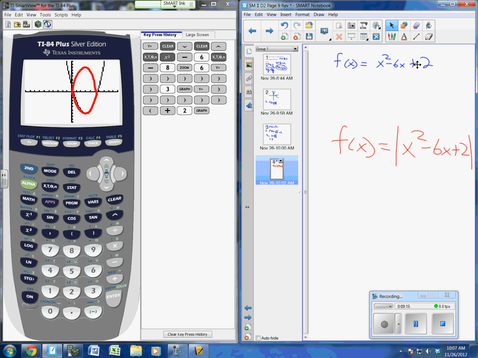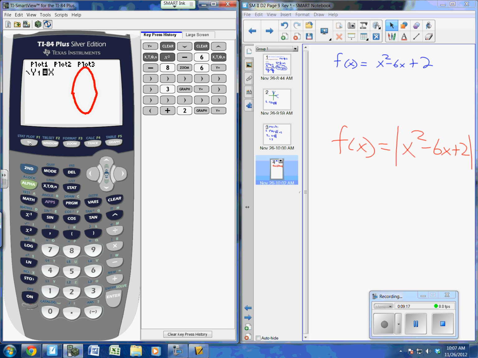So I want now everybody to go into your calculator, go to y equals, and let's just do that. Let's take the absolute value of this. So I'm going to hit second and insert, because I'm going to insert an absolute value. I'm going to go to math, over to number, and I'm going to take the absolute value of that, and I got to go to the end of it and put my parenthesis.